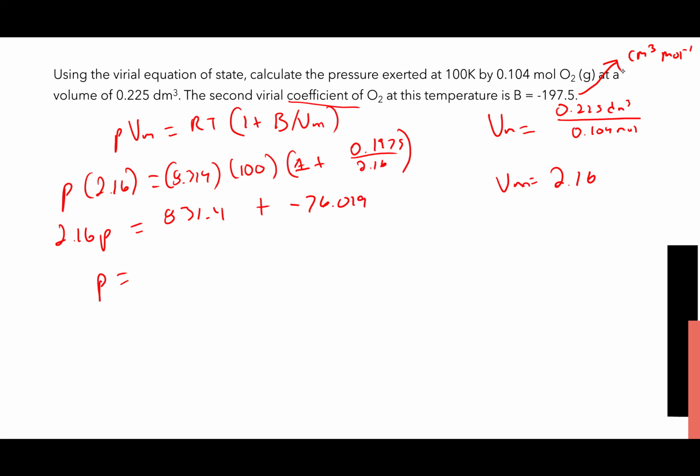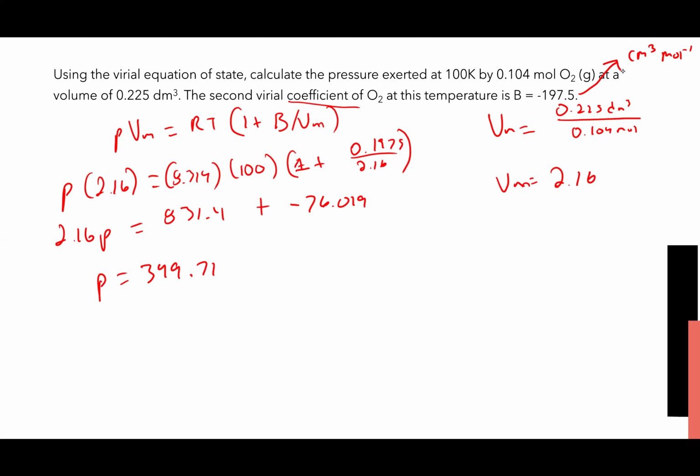And then when I solve for P, doing this, 831.4 minus 76.019, then divided by 2.16, I get an answer of 349.71.